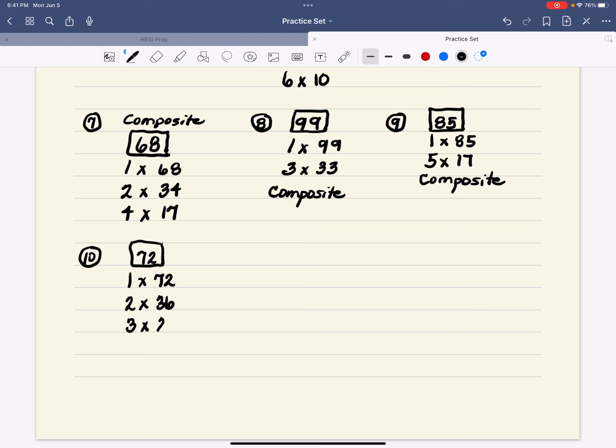Yes, and because 2 and 3 work, I know that 6 will work. 72 divided by 4, that'll work. 4 times 18. We know that 6 works. 7 won't, 8 will. And that's times 9. So that one is definitely not prime.